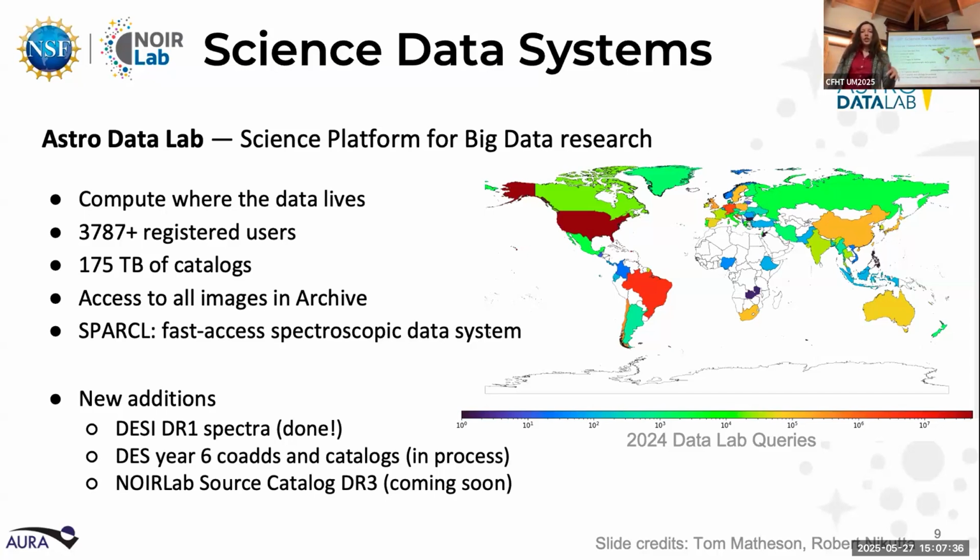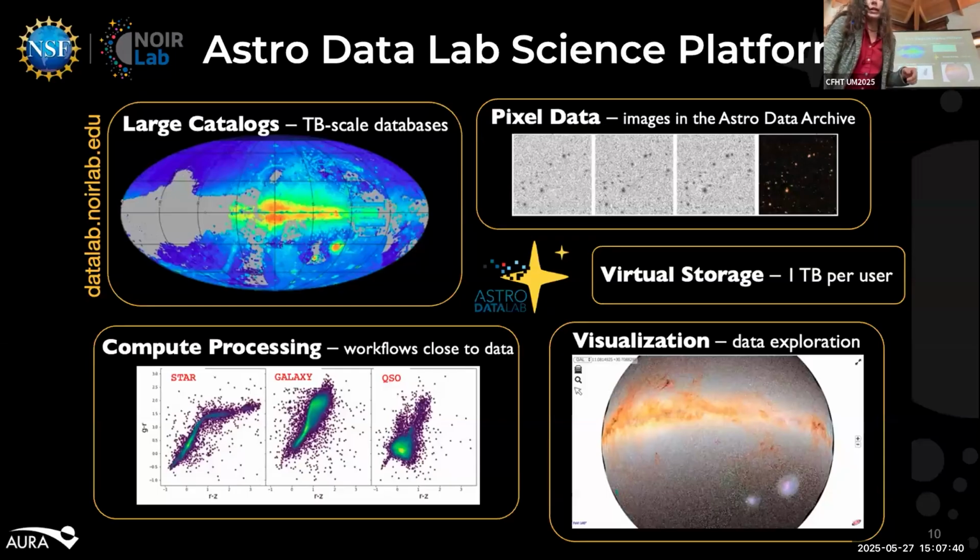And then just recently we added the DESI spectra, and I'm going to say a bit more in a couple of slides. But just to show you the Astro Data Lab in a nutshell, we have large catalogs which are put into a database so we can search and access all these and cross-match them. We have pixel data so users can find images of their objects of interest. And then there's virtual storage.